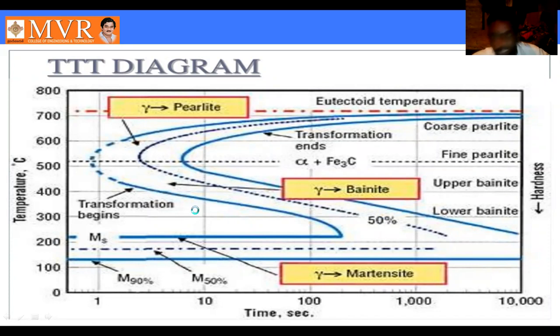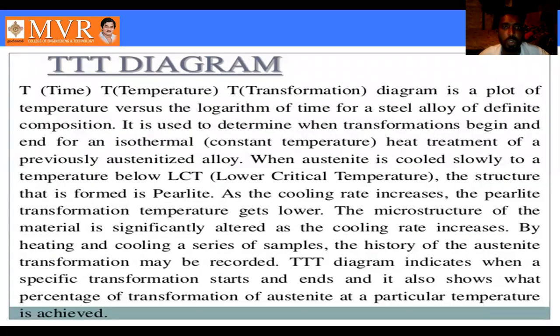Next, see here. It is used to determine when the transformation begins and ends for an isothermal transformation at constant temperature, after heat treatment of a previously austenitized steel. How can we determine the diagram?